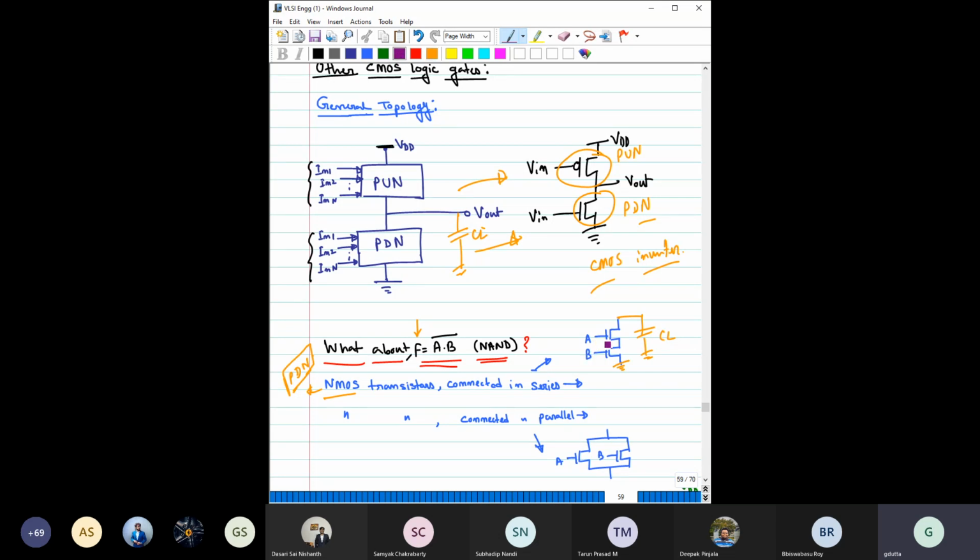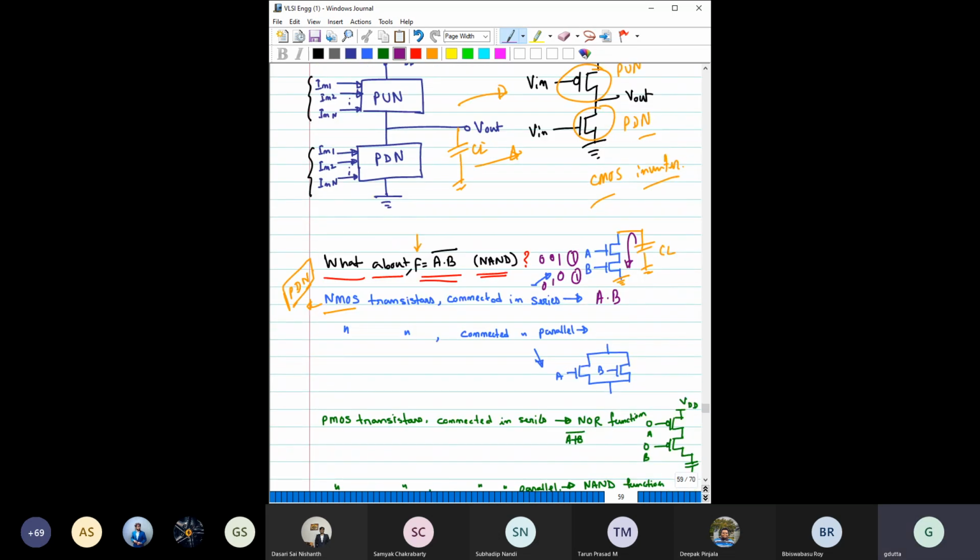Now if both inputs are on, like 1 1, then only it can discharge. If it is 1 0, 0 1, or 0 0, it cannot discharge. So from this you can clearly see that connecting two NMOS in series is definitely going to give you an AND function.